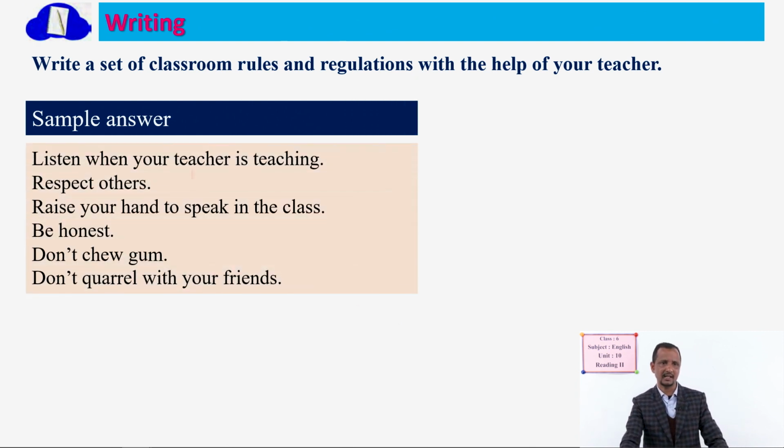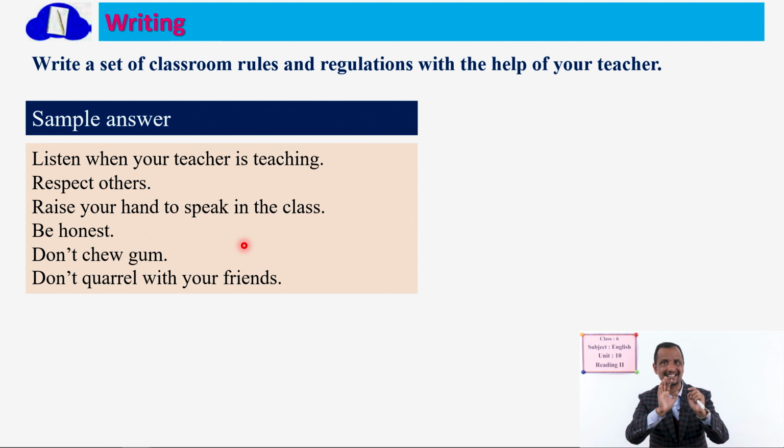Listen when your teacher is teaching in the classroom, right? You have to listen. Respect others. Raise your hand before you speak in class. You have to raise your hand while speaking. Be honest. Don't chew gum. Don't quarrel with your friends. Don't fight.